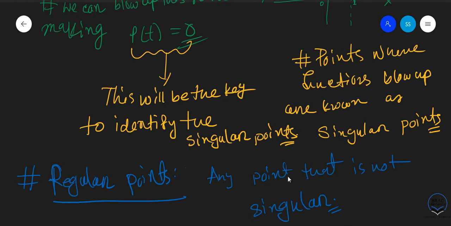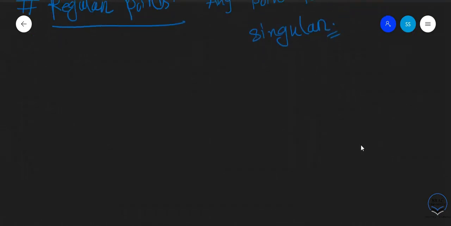And finally we are going to see two more definitions, and this will be about singular points as well. These two definitions are called the regular and the irregular singular points. So singular points are two kinds. One is a regular singular point.